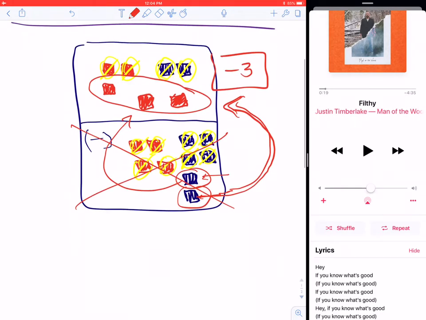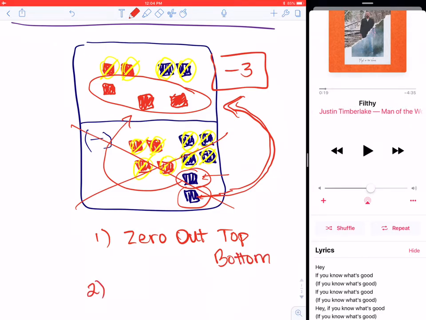So again, what we're doing is we're first zeroing out from the top, from the bottom, and then we need to flip what's in the negative zone.